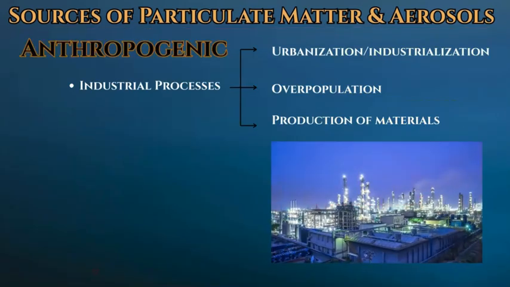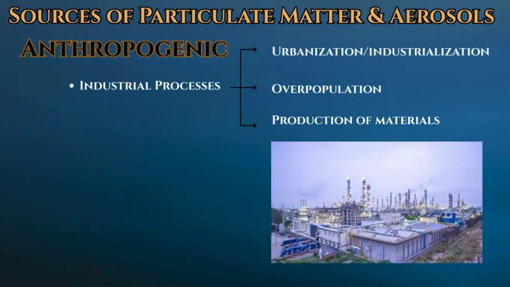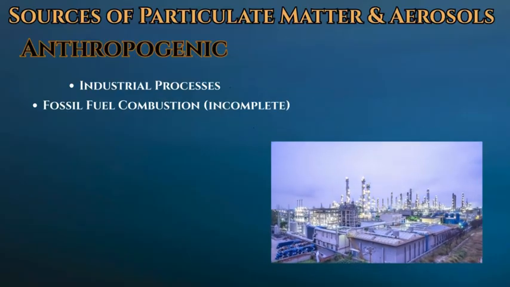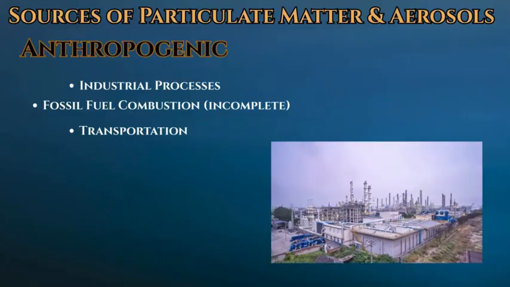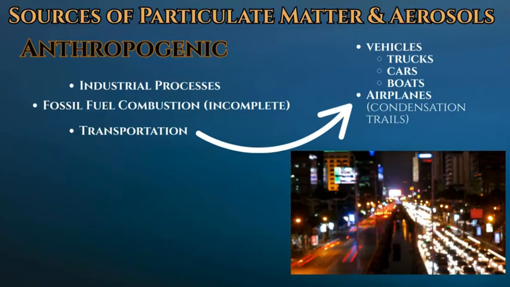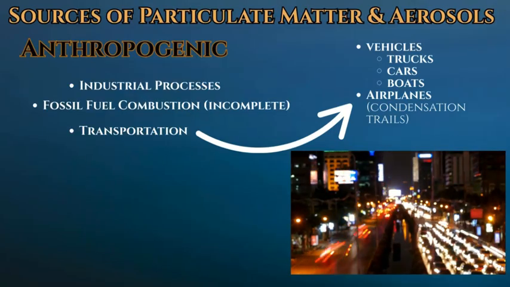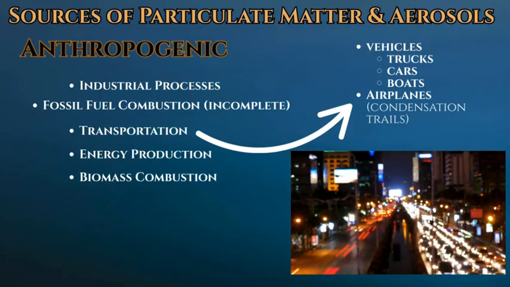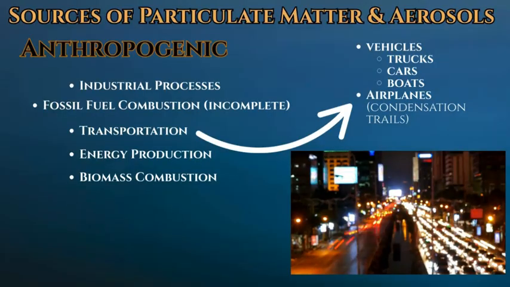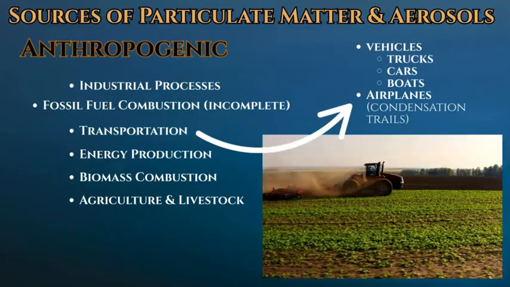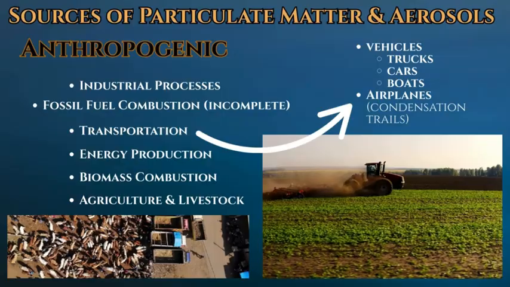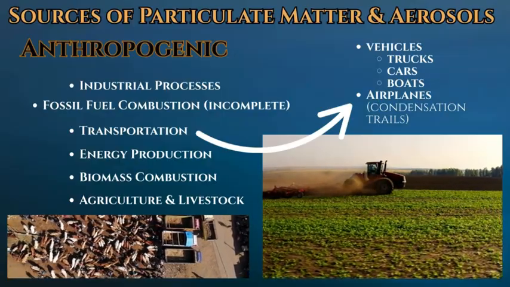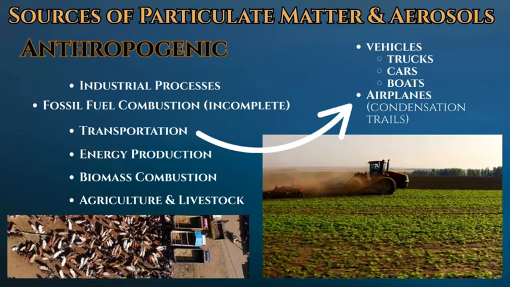For example, industrial processes and industrialization, the production of particulates through fossil fuel combustion, through cars, trucks, anything on the road, looking at energy production and biomass combustion, looking at transportation, like aircraft with condensation trails and boats and cruise liners, looking at agriculture and livestock and having concentrated areas of urbanization, which is going to produce particulate matter in large concentrations.